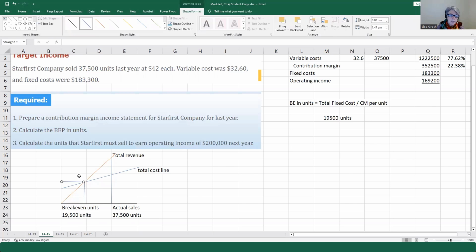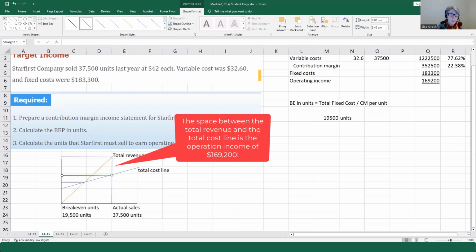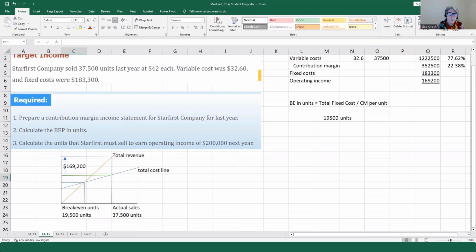This is units. So over here, there we go. The space between these two, that is equal to $169,200. That's what we're looking at. Okay, so keep that in mind. If there's a profit, the break-even units are going to be lower.